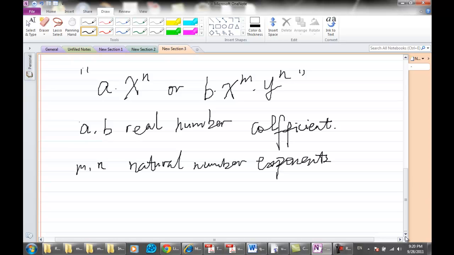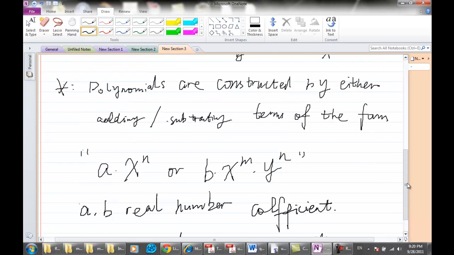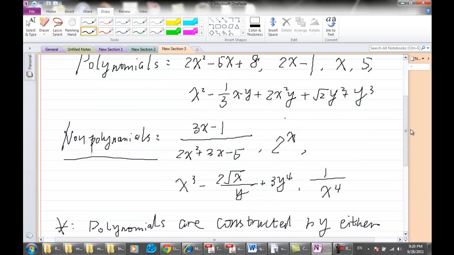Now let's try to find the main difference between the polynomials and the non-polynomials. We can go back to these examples of the non-polynomials. You can see that a variable cannot appear in a denominator or appear as an exponent or within a radical sign.